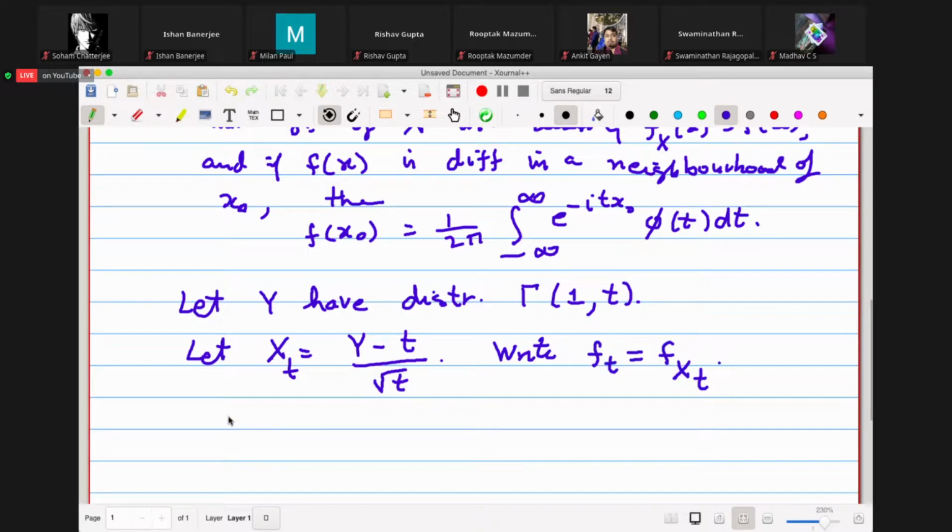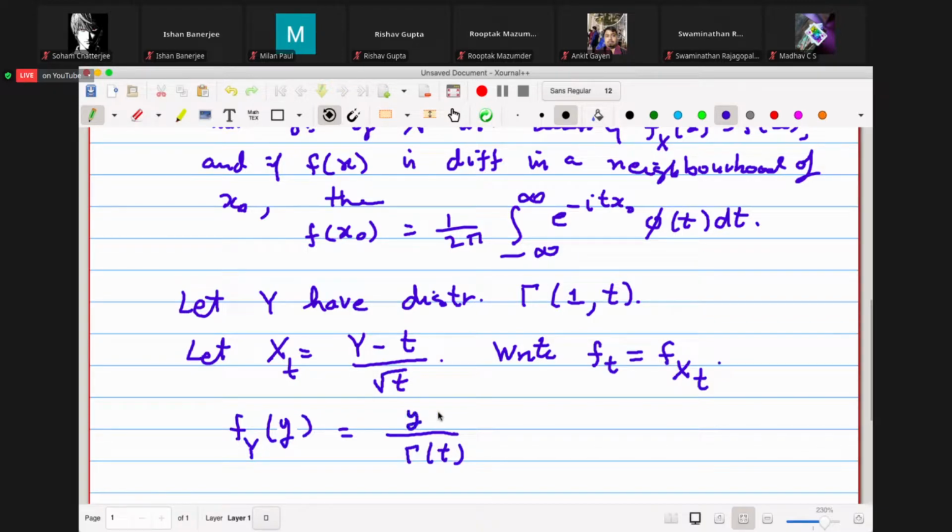Because we know f_Y of y is simply divided by gamma of t, and sorry, I should not use t here, this should take little y. Of course, this is the gamma distribution with parameter 1 and this thing. So there will be lambda power s, but lambda became 1, so that factor is missing.